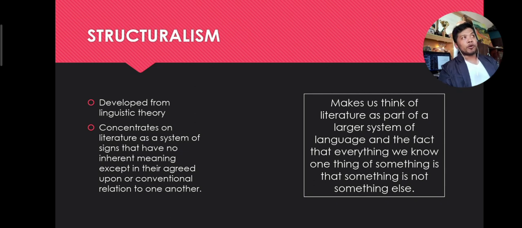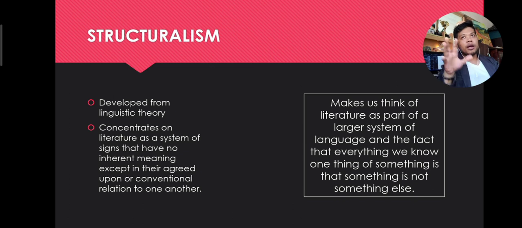Let's say, for example, in a Filipino novel, you see the word langgam. Depending on which region you are, langgam has a different meaning, and in that particular region, it is universal.